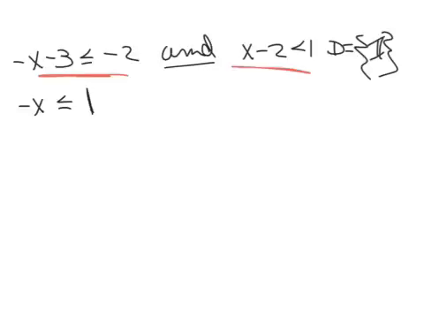And then we're going to get rid of this negative. We get rid of a negative, basically, when it's next to a letter or a number, by changing both sides to negatives, and the sign changes along with it. So as we move the negative this way, the sign flips around as well.